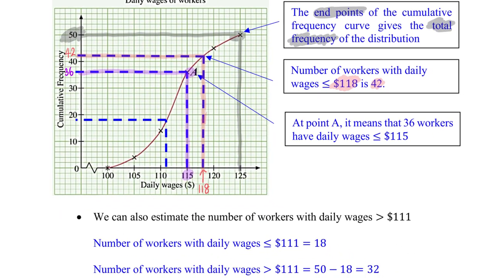So that is something we can estimate. There are 36 workers whose daily wage is less than or equal to $115.